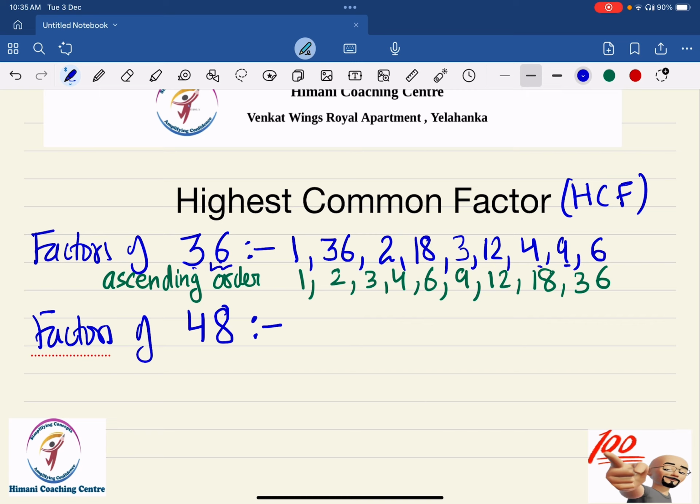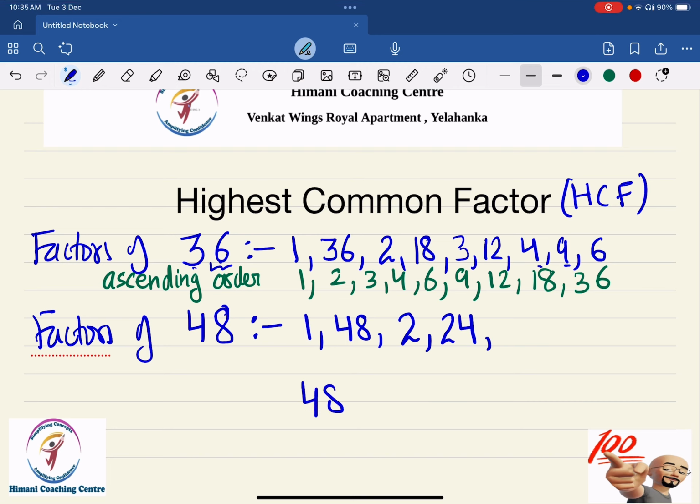Now let us find factors of 48. Again, same rule. 1 is a factor of all numbers. A number is a factor of itself. So 1 and 48 noted. Now 8 is an even number, so 48 is divisible by 2. If you divide 48 by 2, you will get 24. So 2 and 24 are the factors.